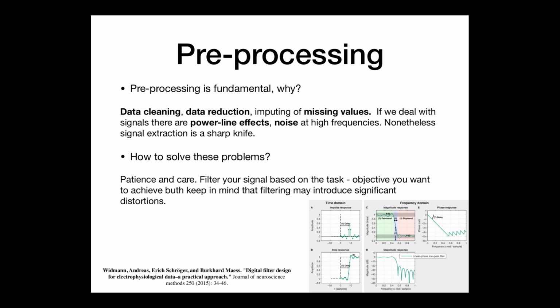I put all the references at the bottom, and you will see all the images that are stolen from these papers. But for example, there is this difference between finite impulse response and infinite impulse response, which is particularly critical for the analysis of neurophysiological data.